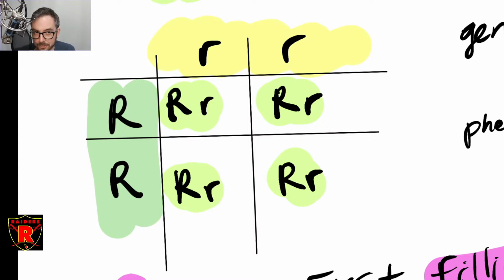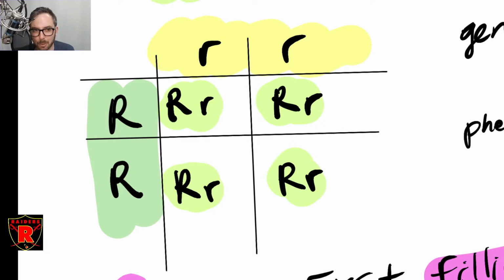So Mendel did this, and he realized that every single pea plant that you make from this combination is always green, every single time.